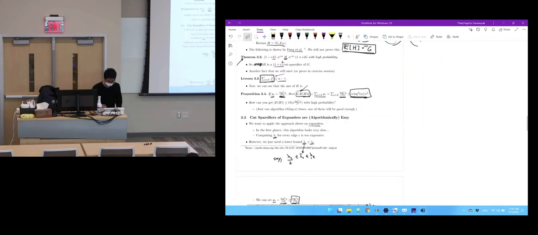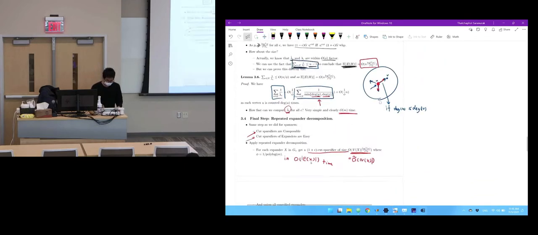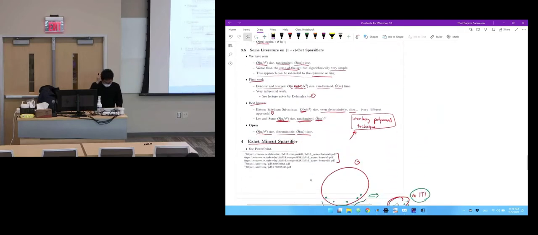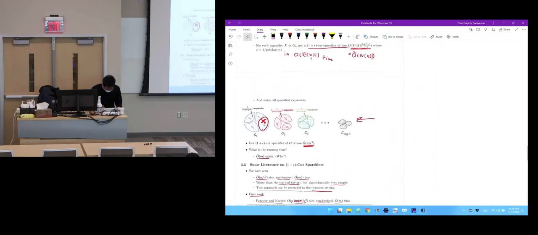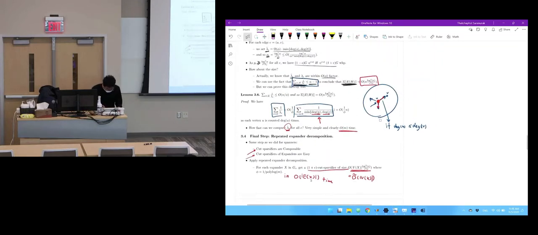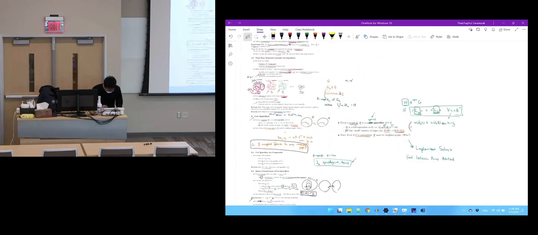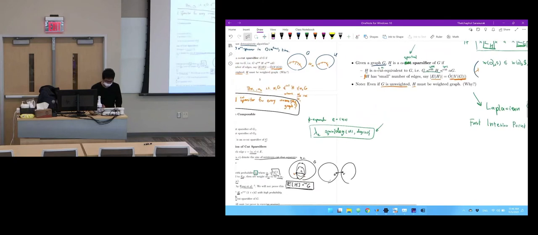Now, it turns out that the same algorithm that we saw just works.